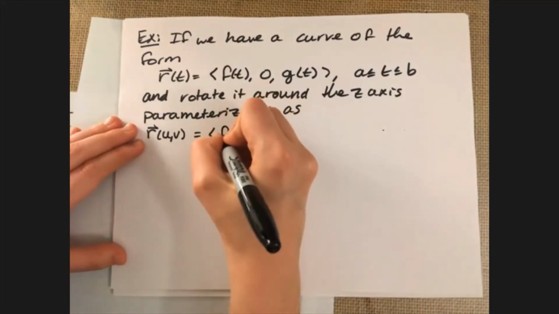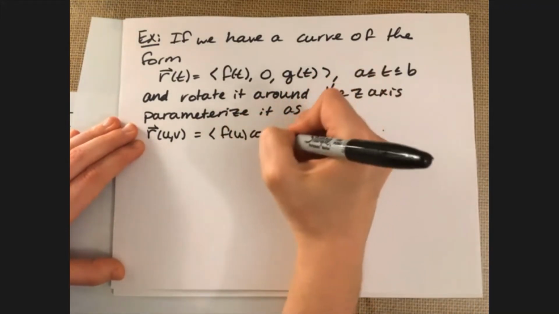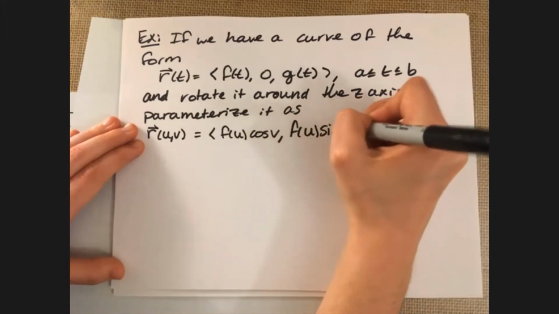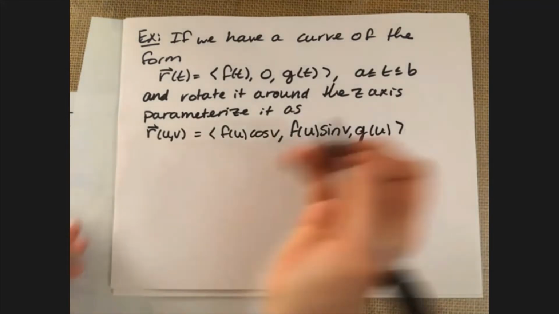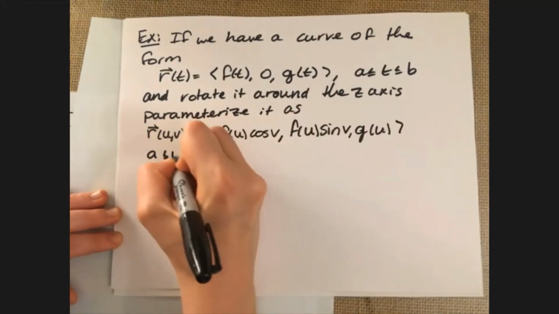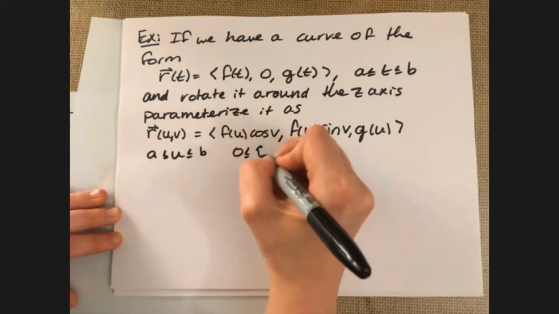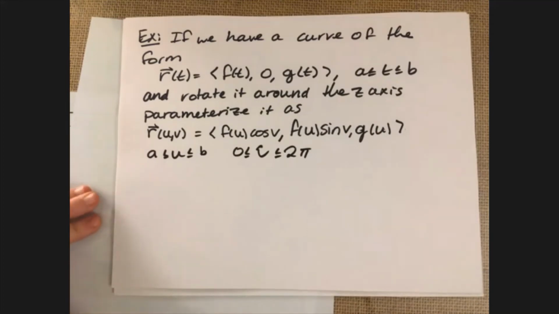So f of u cosine v, f of u sine v, and then you get g of u. And then u is between a and b, and v is between 0 and 2 pi. Again, this is because we're rotating it all the way around the circle.